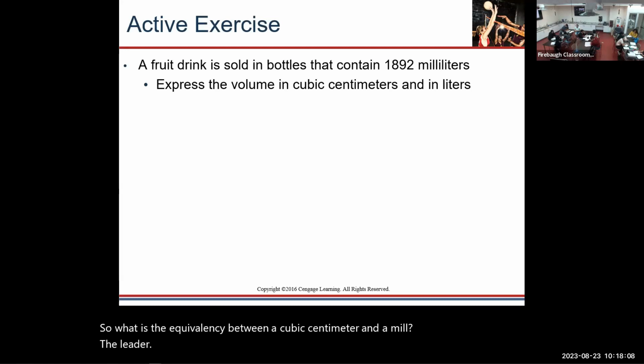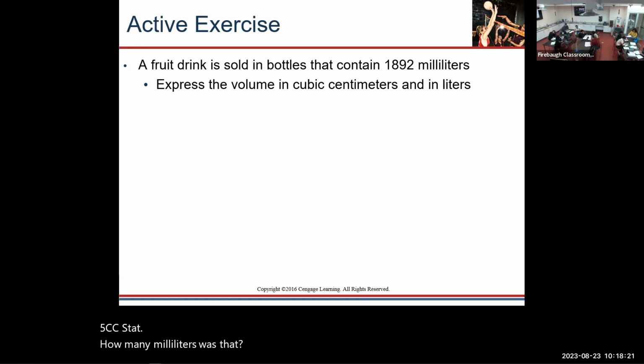You better remember. We're just talking about that, doctor. 5 cc, right? How many milliliters was that? 5. So the relationship between a milliliter and a cubic centimeter is 1 to 1, right?